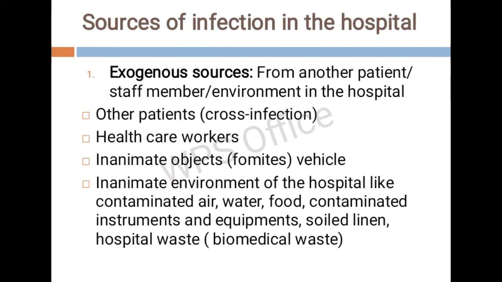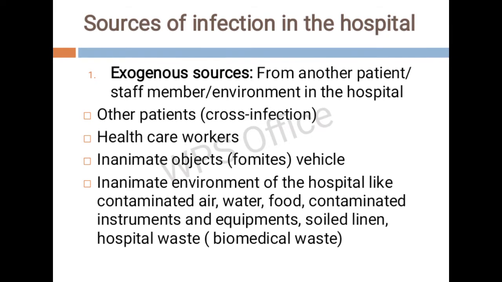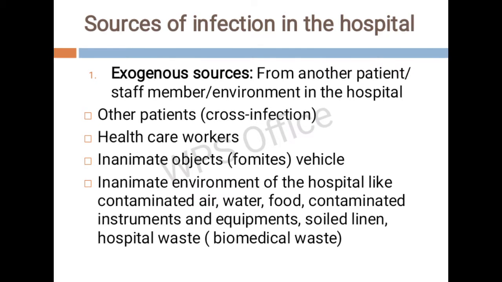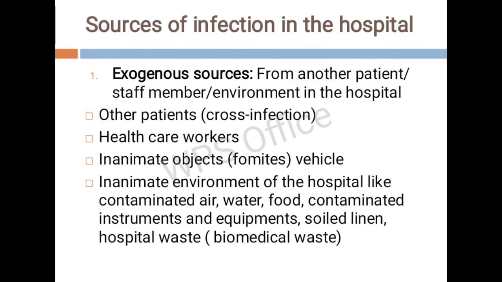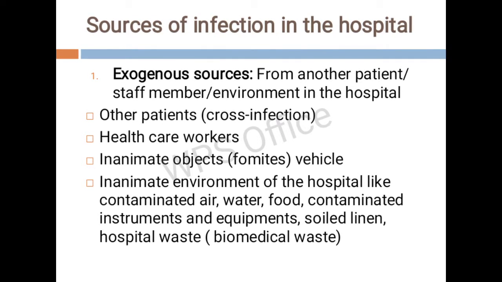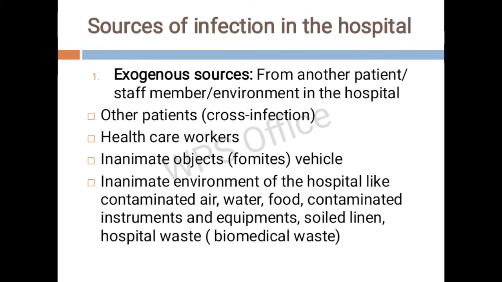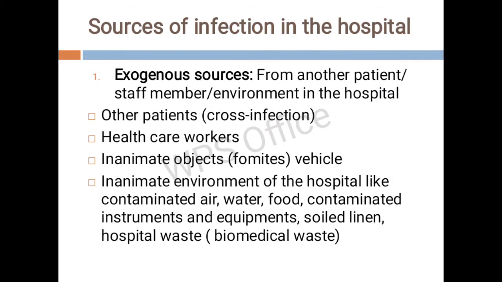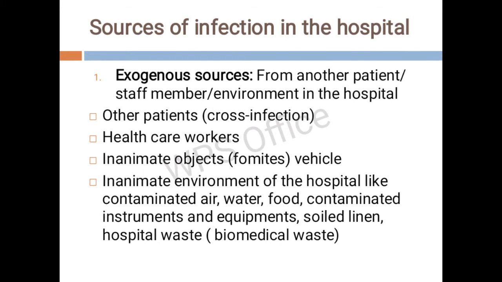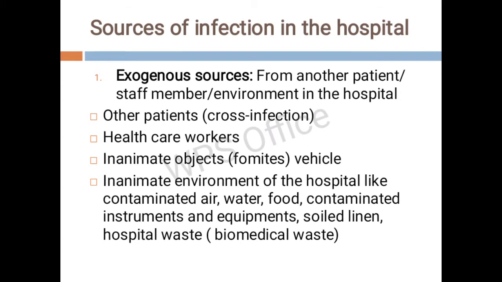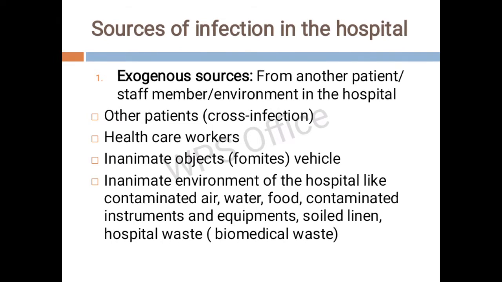So inanimate environment means the infection causing organisms might be present in the air or the water the patient is taking, or the food the patient is taking, and in any contaminated instrument or equipment used for the patient, and soiled linens. From the hospital clothes, bed sheets, blankets and all, they may also be transmitted, and hospital waste.